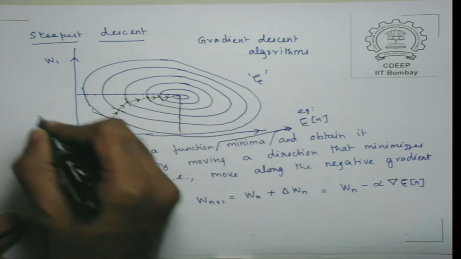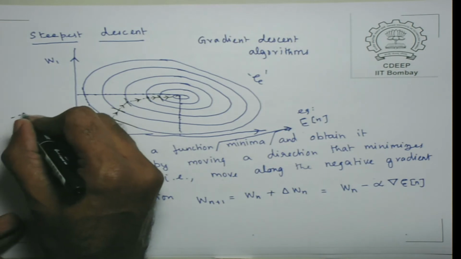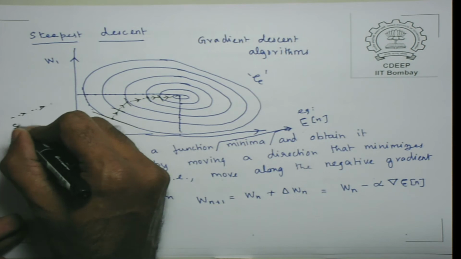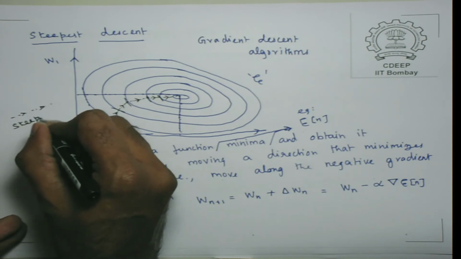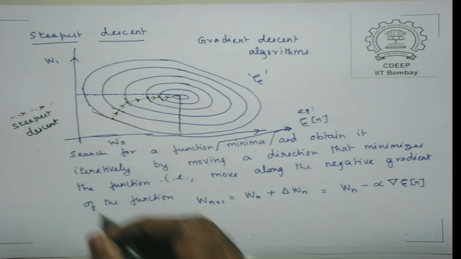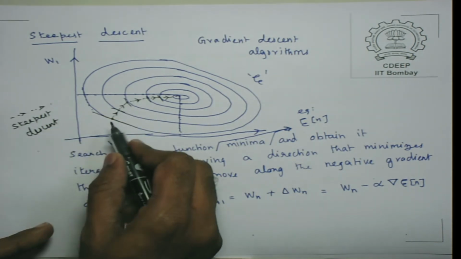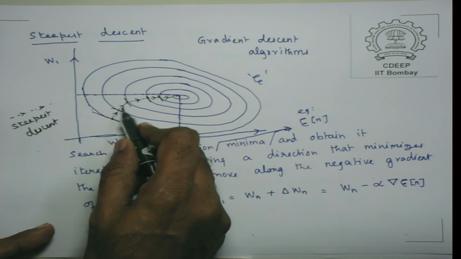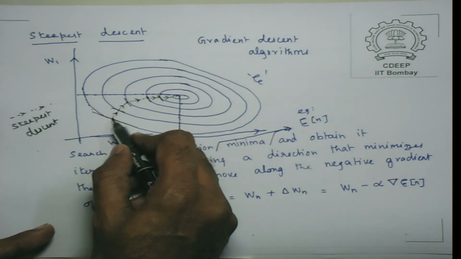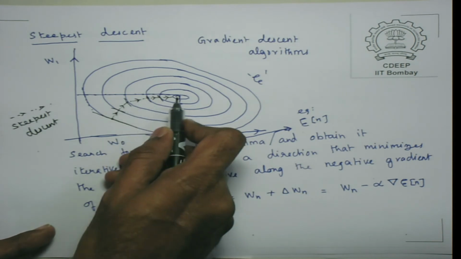This indicates the trajectory for the steepest descent. This is the starting point, and we are hoping that by moving in a certain direction with a certain step size, we would attain this minimum point.